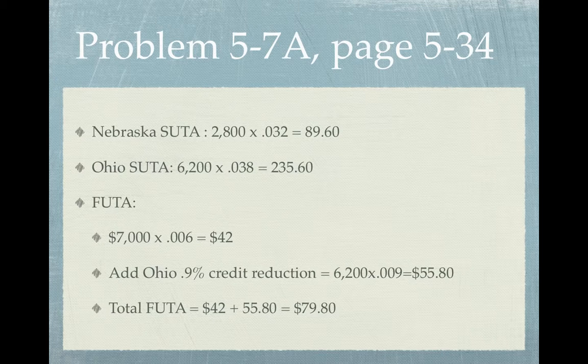So it tells you that the $2,800 were paid in Nebraska, and it also tells you that Nebraska's rate was 3.2%. So Nebraska would get $89.60. All the rest of the wages were paid in Ohio. There were a total of $9,000.